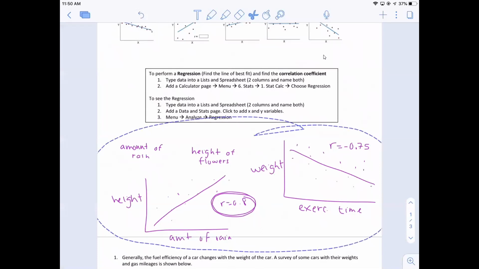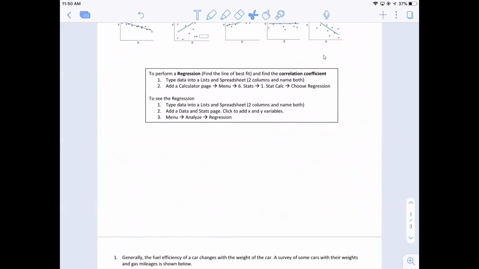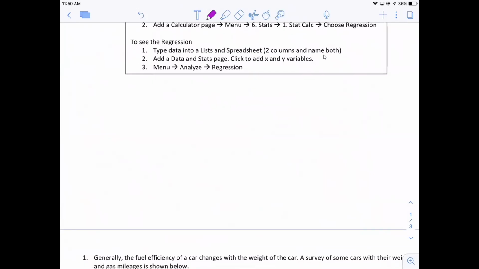So two things could also have no correlation. For example, if I wanted to find the relationship between, let's say, amount of time spent eating and your grade.